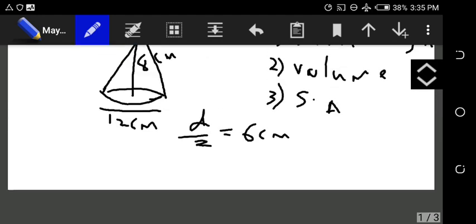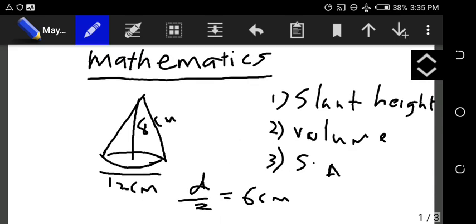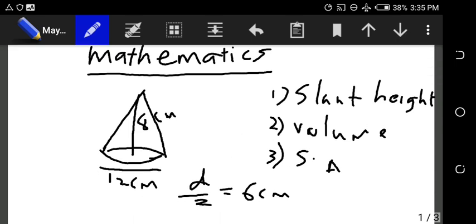All right, so that's pretty much how we can solve problems on cone. You could be asked to calculate the slant height, or the volume, or the surface area. There are other examples we could solve on this, but we will look at that in future classes.